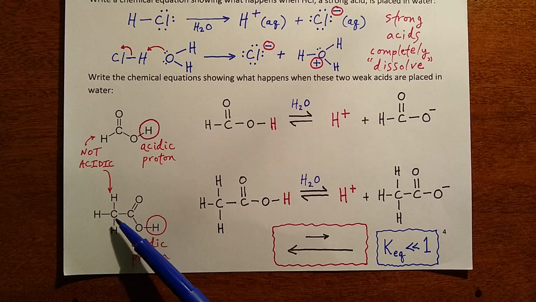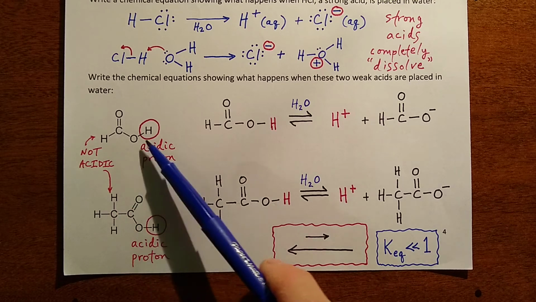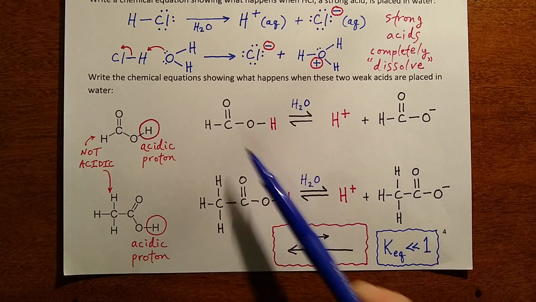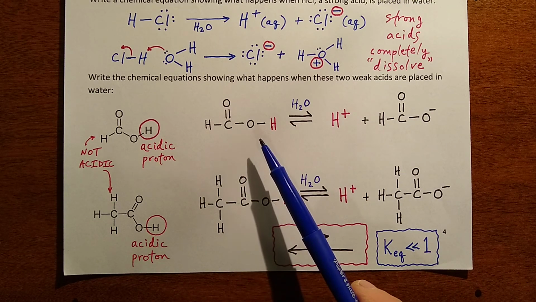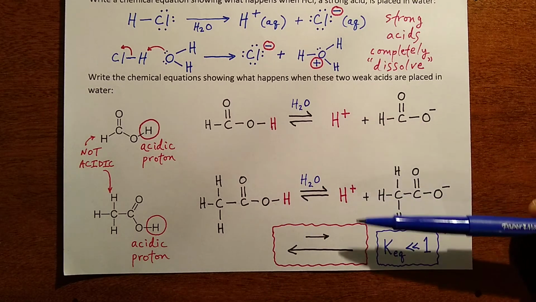They never leave the molecule. They always just stay bonded to the carbon because that's such a strong bond. But an oxygen-hydrogen bond is relatively weaker, and that is the bond that breaks when these acids break apart. So this behaves as an acid, as does this, by this bond breaking, forming protons in the solution and the conjugate base.